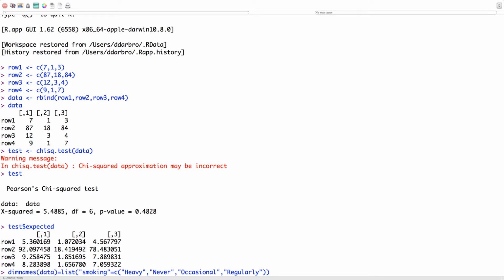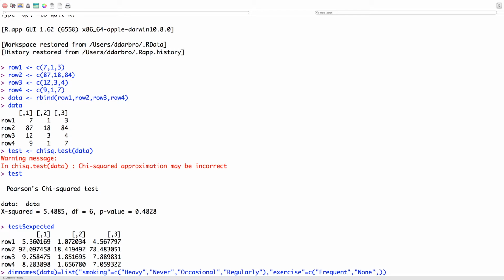And then I can do exercise equals, and I think we had frequent, some, none.